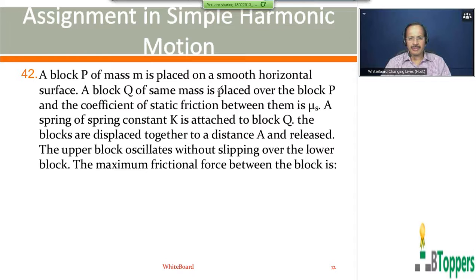A block Q of same mass is placed over the block P, and the coefficient of static friction between them is mu s. Spring of spring constant K is attached to the block Q. The blocks are displaced together to a distance A and then released. The upper block oscillates without slipping over the lower block. The maximum frictional force between the blocks is.